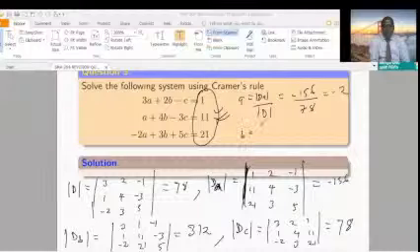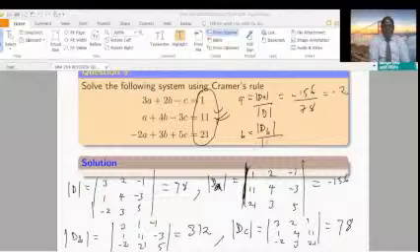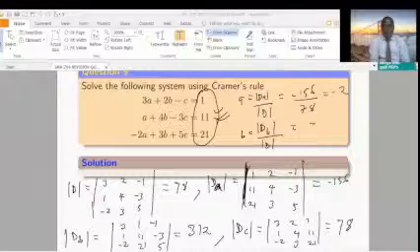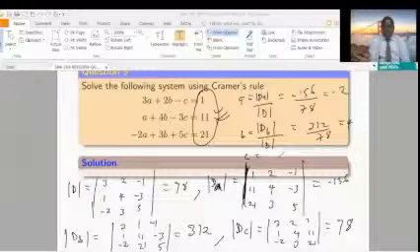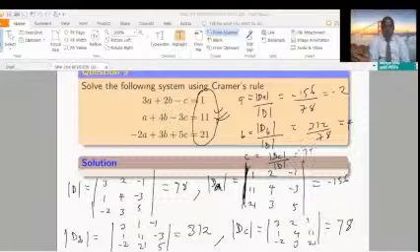It will be the determinant of dB divided by the determinant of D. And dB gave us 312 divided by 78. That gives me 4. Lastly, C will be the determinant of dC divided by the determinant of D. That is 78 divided by 78, which is 1.